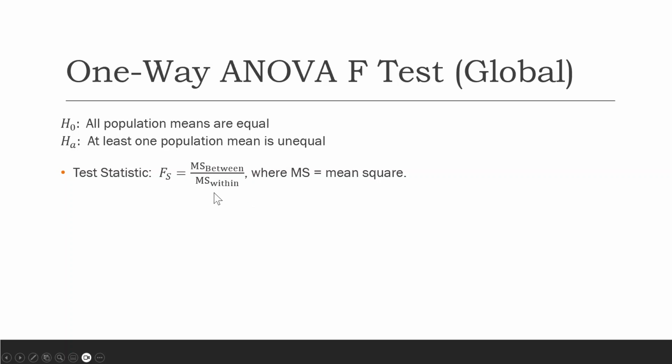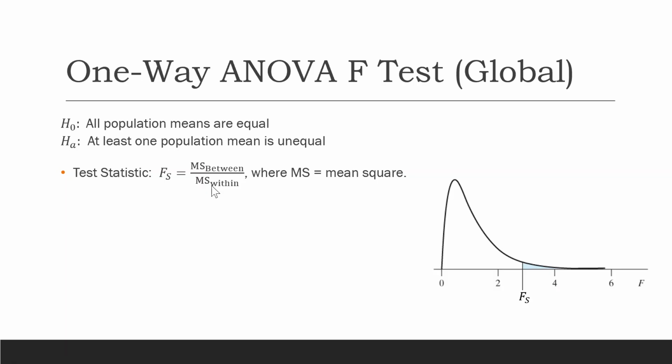In that last slide, I said we need some number that represents the between group variability. Well, the mean squares between groups represents that between group variability. And then we needed a number for our within group variability. So our mean squares within is that number that we use. Once we get our F statistic, we can go to what we call the F distribution.